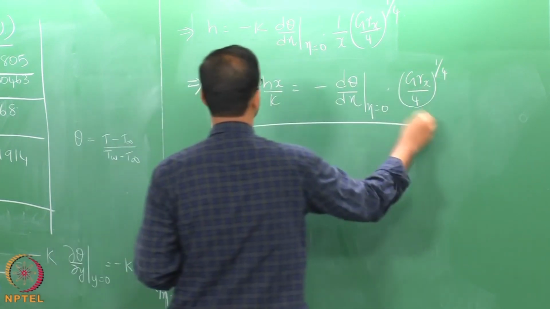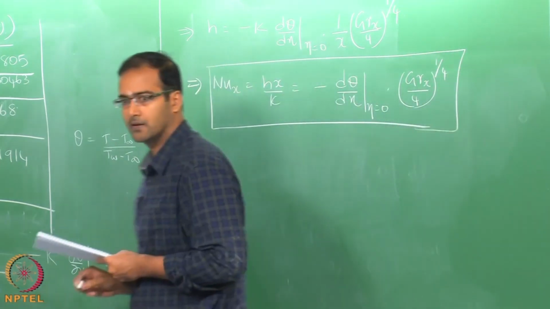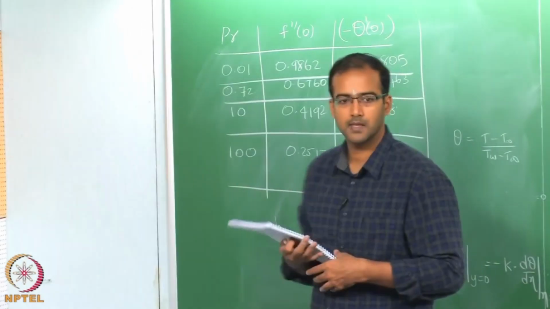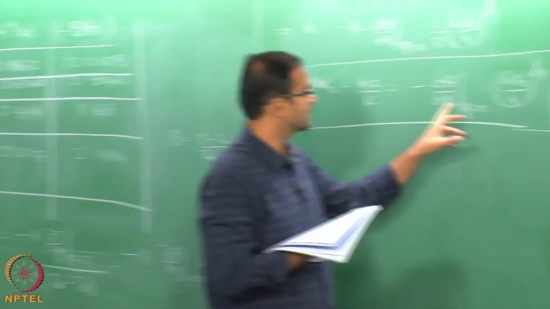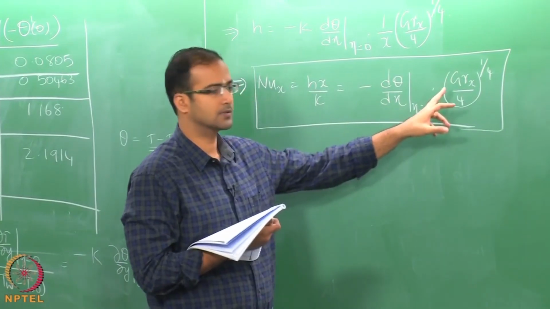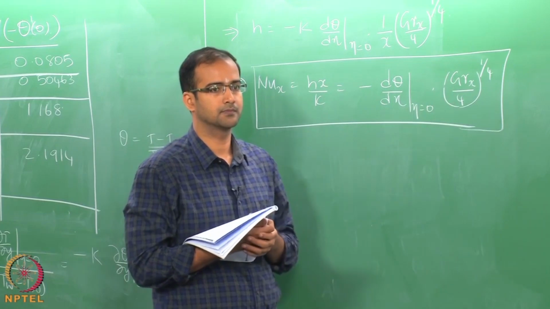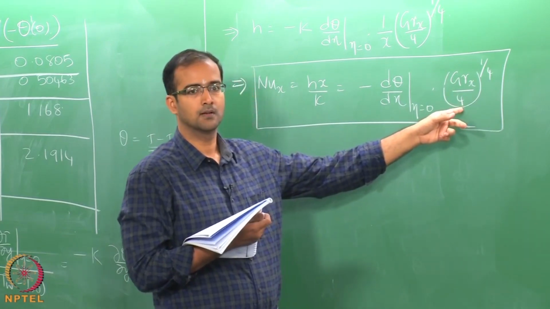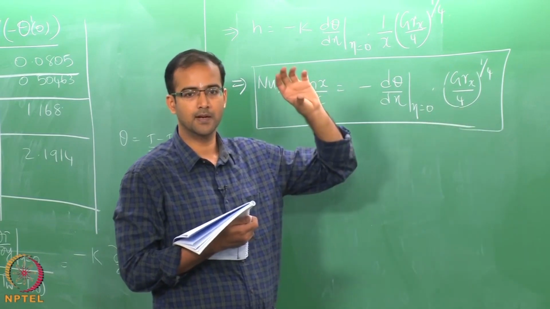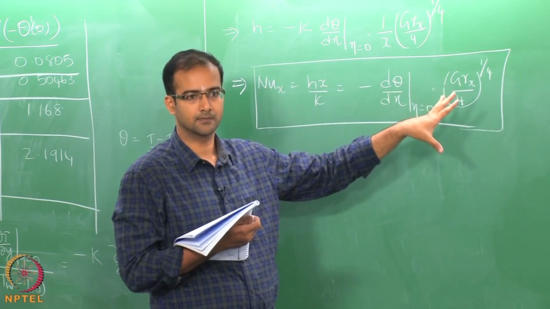Okay. So this is your expression. In the case of forced convection, what did you have? Minus d theta by d eta at 0 into Reynolds number raised to the power 1 by 2.